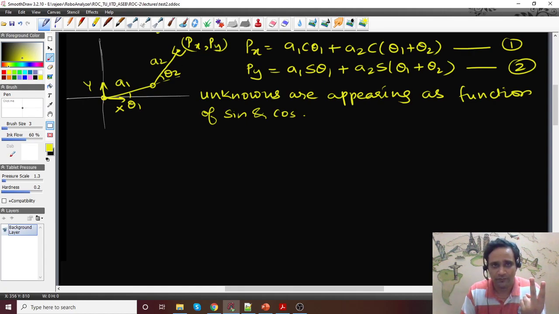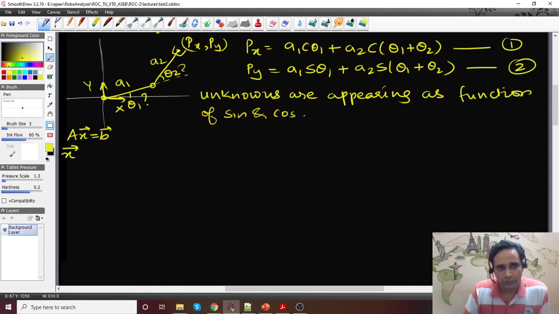These are the unknowns. Okay, so two equations, two unknowns, you can solve. Geometrically we have seen how it can be done, but analytically if you want to do, you will not be able to use linear algebra concept like this, Ax is equal to b, if you have a coefficient matrix, then unknown vector, and then constant vector. So if it is a regular system, you can do this, A inverse into b, you will get the unknowns.